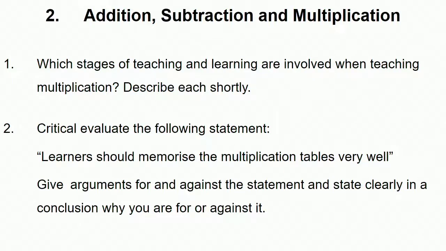Say, first of all, advantages for this statement, disadvantages for this statement in a second paragraph, and then in a conclusion paragraph, state very clearly, I am against it or I am for it, and these are my reasons. And it's really important that you structure this answer like that, not just a lot of facts plotted down.